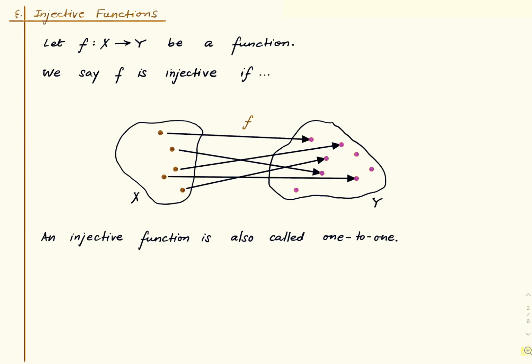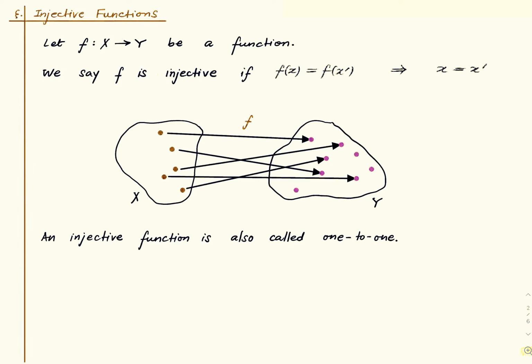Injective functions. So suppose we have a map f from a set X to a set Y. Then we say that f is injective if f(x) equals f(x prime) implies x equals x prime.